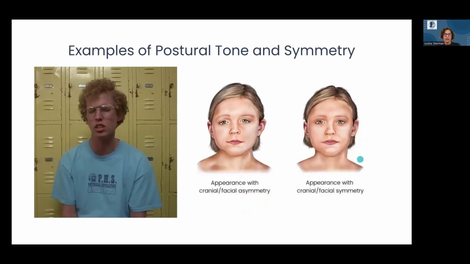So here's questions for you. And again, remember, I can't see you, so just turn your microphone on and yell it out. We have Napoleon Dynamite here. Based on this posture alone, what might you predict about jaw stability? Anyone can yell it out.